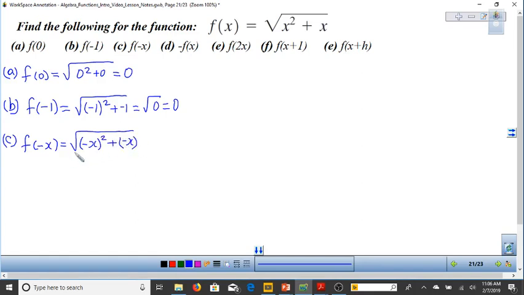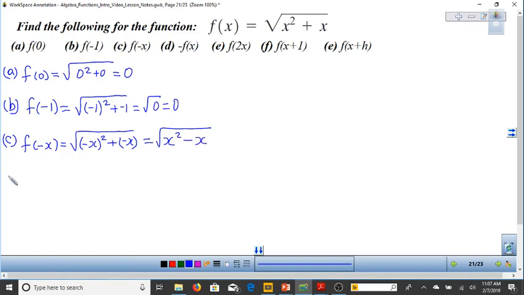And when you square a negative, you get the same as when you square a positive. So the square of negative x is the same as x squared, and plus negative x is just minus x, and that's all we can do with that.